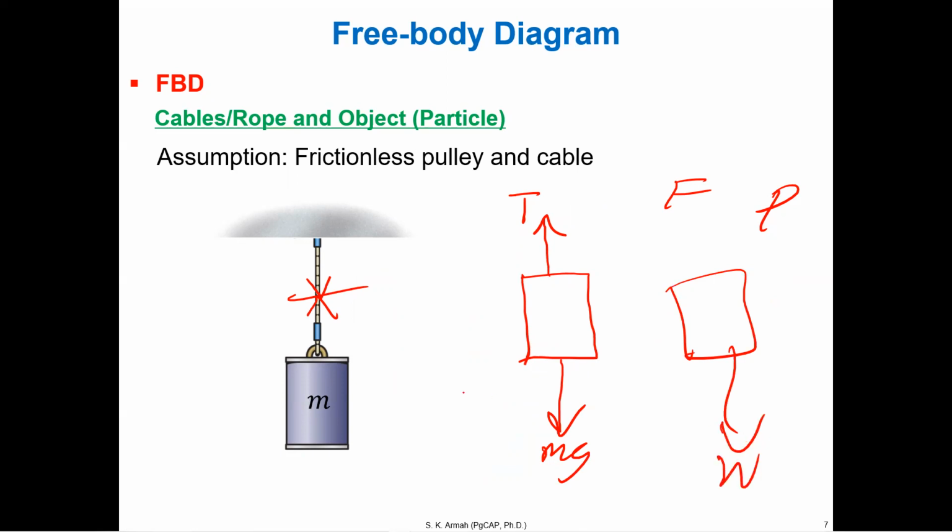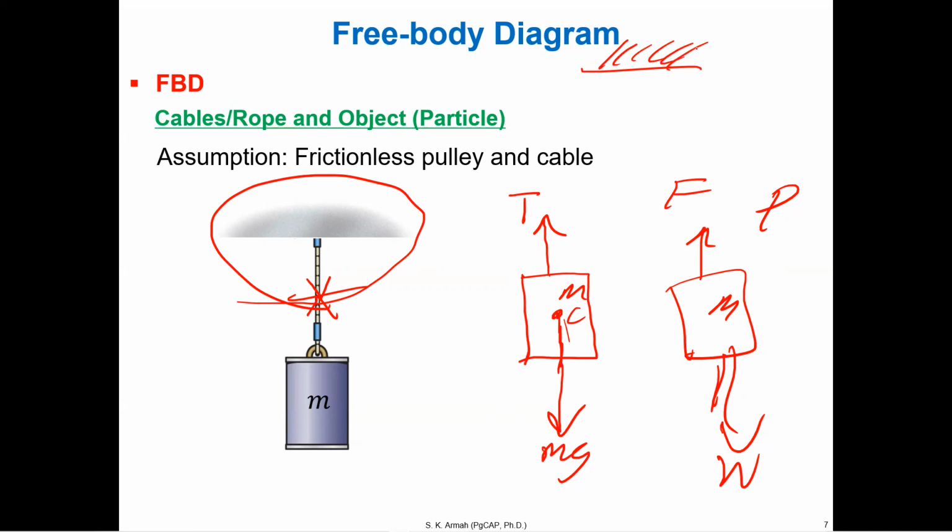Strictly speaking, that object or mass has a center of gravity C somewhere, so the weight actually goes from the center of gravity, but if you just show it here, no problem. Now, besides the free body diagram of the mass M, we can also draw the free body diagram of the cable and the roof.